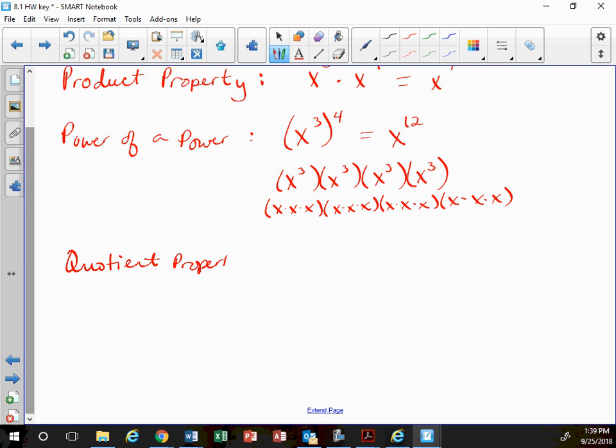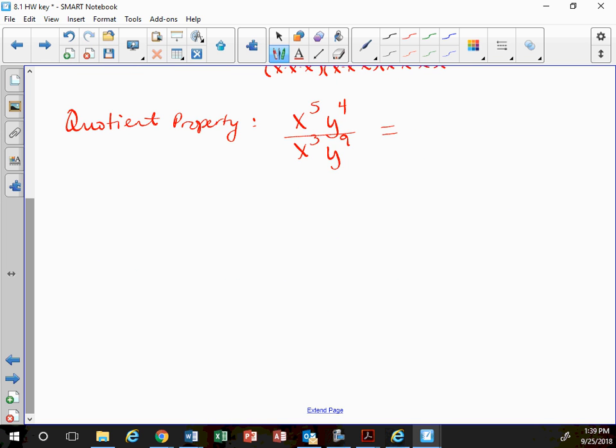Let's say we have x to the 5th, y to the 4th over x cubed, y to the 9th. That gives X to the 2nd over y to the 5th.